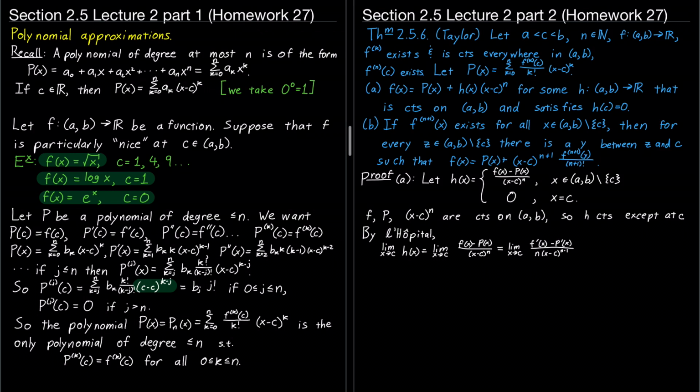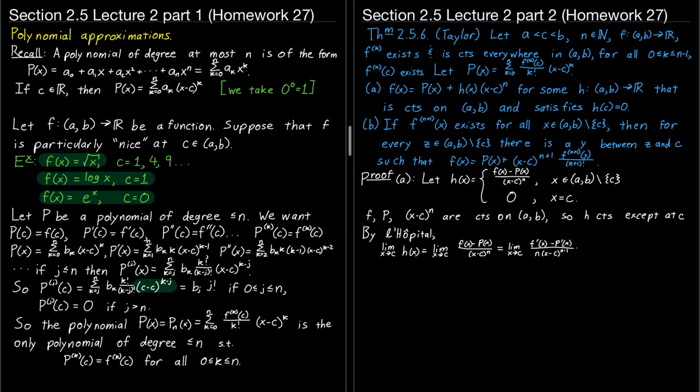Recall we've assumed that all the derivatives of order up to n minus 1 exist. I suppose I forgot to say that up here, so let me write that in. Now we keep going.